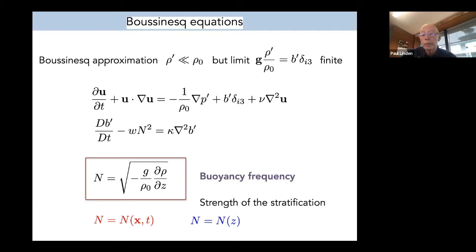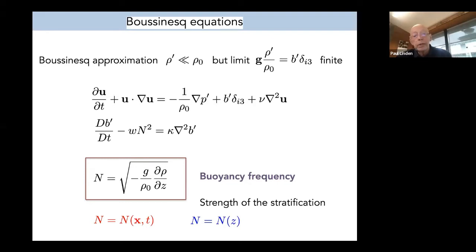So if you take that little parcel at the bottom and move it up to the top, the buoyancy is given by that difference. And of course, that tends to push that heavy parcel back down again. So that's what that second equation represents. And we represent the strength of the stratification by the buoyancy frequency.